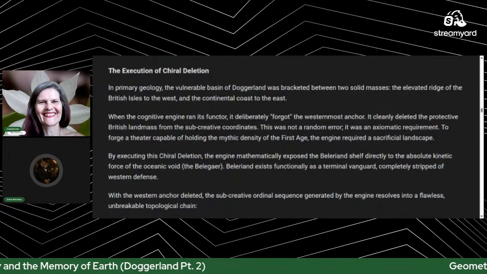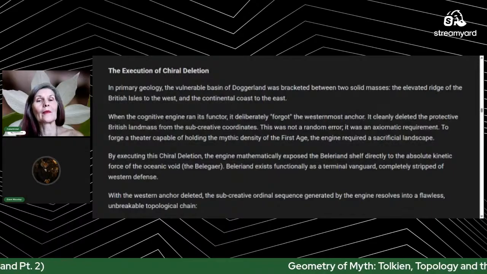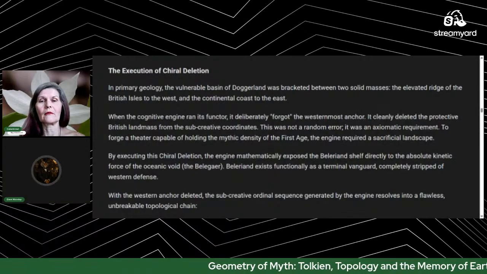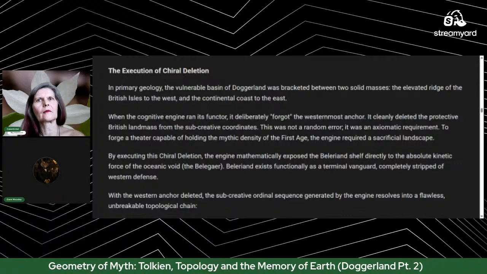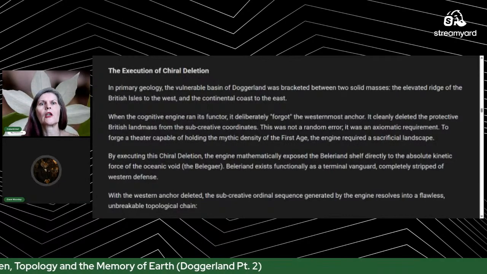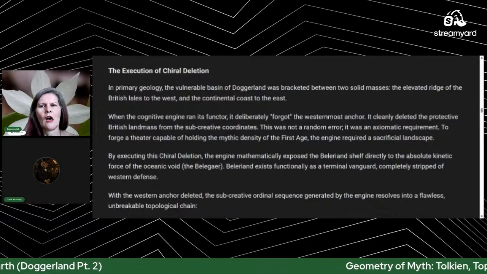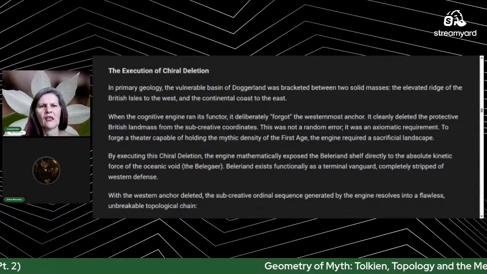I borrowed the name chiral from chemistry. People who know about chemistry will know it refers to left-handedness or right-handedness of molecules. In primary geology, the vulnerable basin of Doggerland was bracketed between two solid land masses: the elevated ridge of the British Isles to the west and the continental coast to the east.